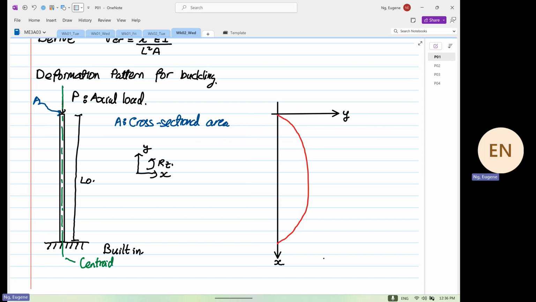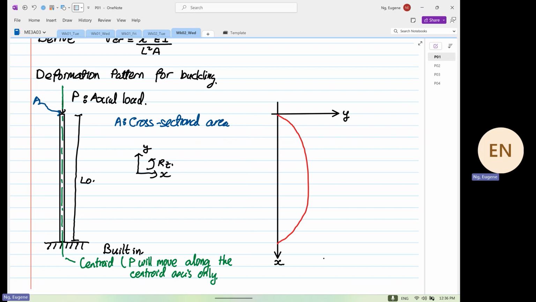So P will move along the centroid axis only. It will not go left, neither will it go right.